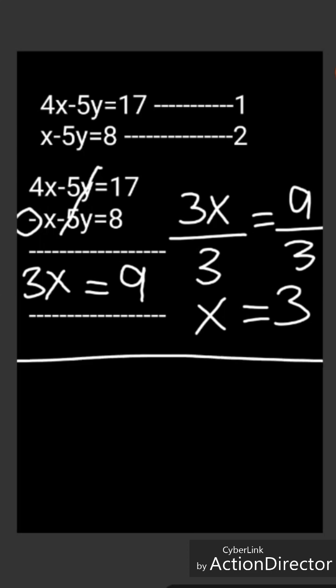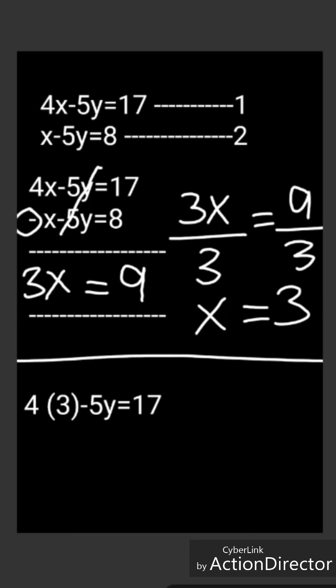Now we need to find out y. And now that we found out x, you could do y first, it's entirely up to you. But now that we found x, it'll be easier to find y. What you need to do now is substitute x equals 3 into equation 1 or 2.